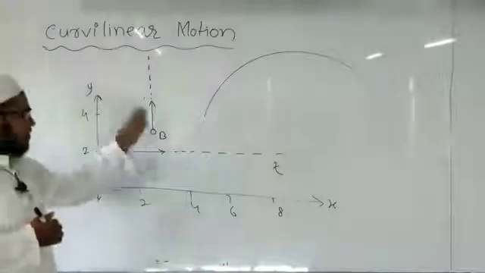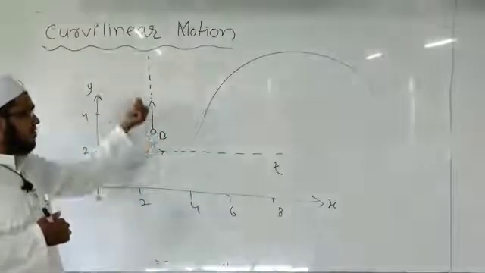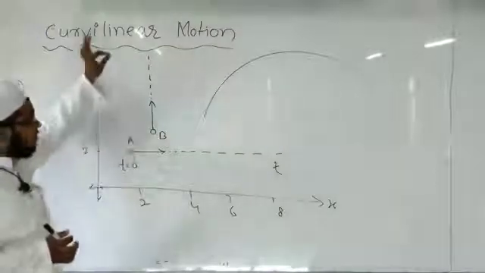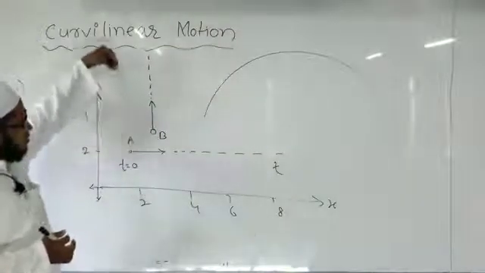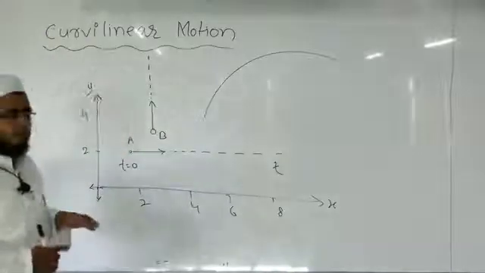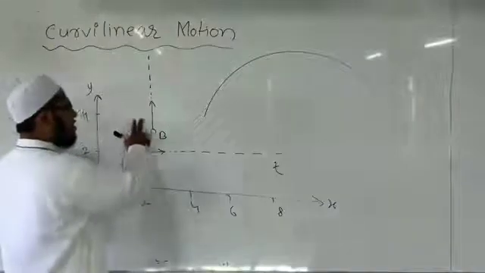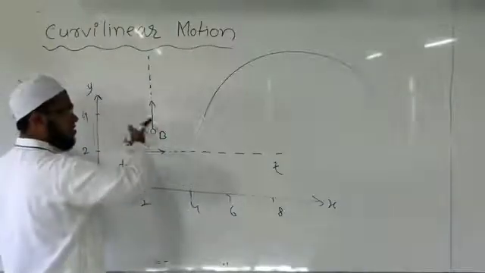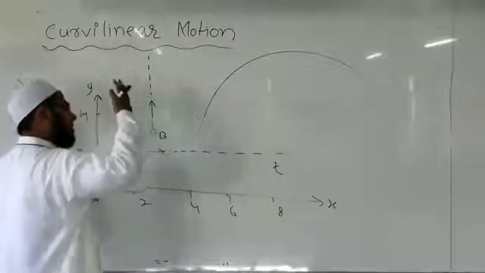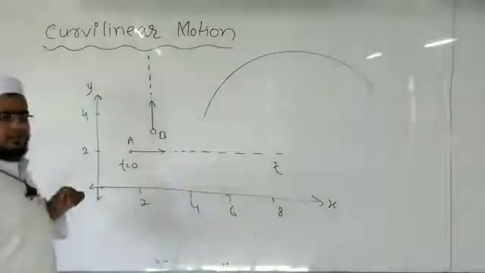In both cases, if displacement is in the y direction, already we have seen the motion under gravity. In that we are considering only movement along the vertical direction, so acceleration becomes acceleration due to gravity. But this displacement is always in the vertical direction. The velocity is also in the vertical direction.